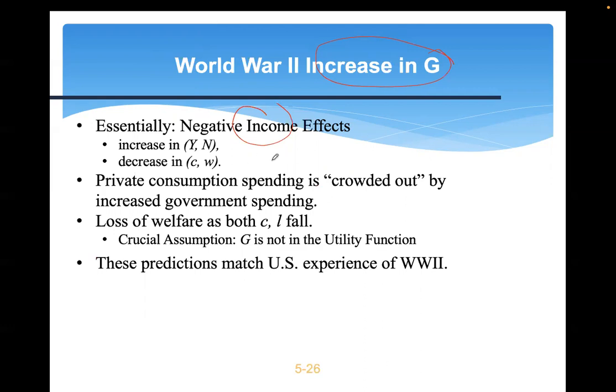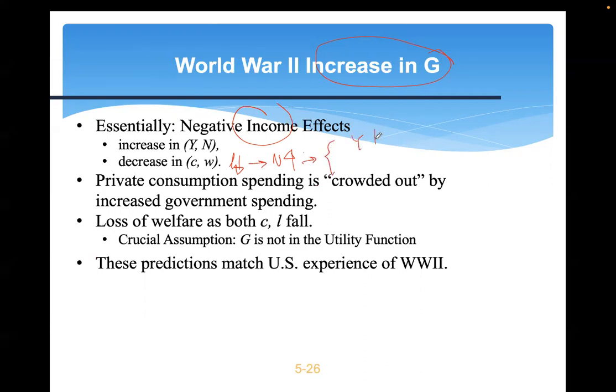Decreasing leisure means an increase in N, right? Leisure decreases because leisure is a normal good. Decreasing leisure means an increase in labor supply.